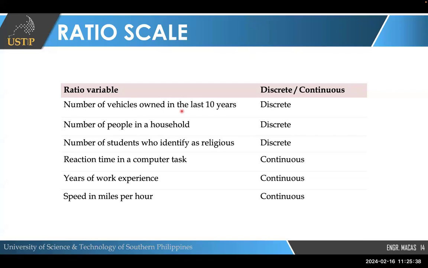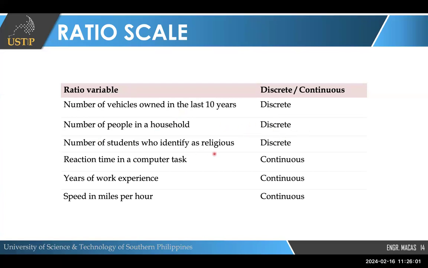Kung half na lang siya, di ba dili? Okay? So, the number of vehicles, kana siya nga kind of data is discrete. Okay, number of people in a household, discrete yapon because dili ka kaingon nga 5.5 number of people. So, unsa man ang 0.5 bata or kung 1.5 dako kay siya. Okay, so dili ka makaingon.